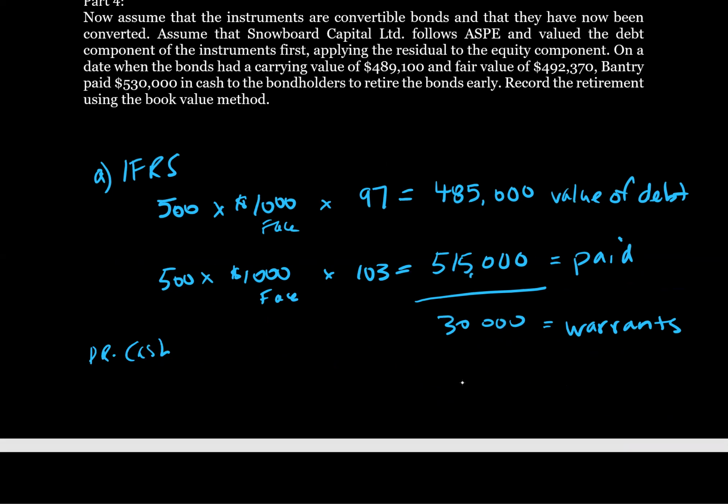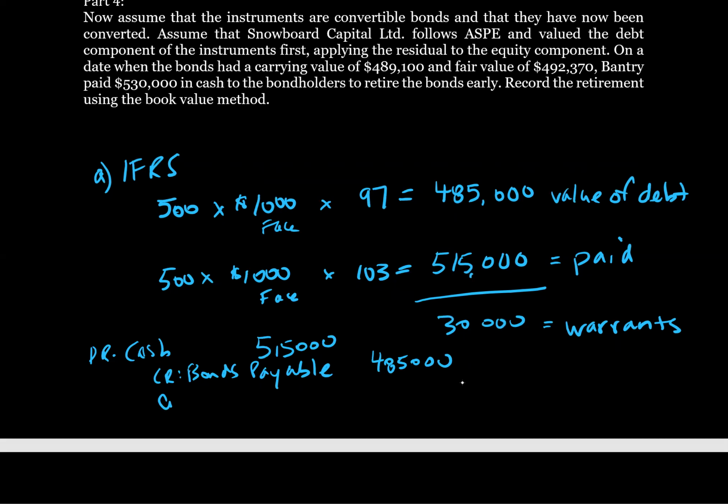So the journal entry to record this is going to be debit cash, because we're actually selling this combined item. So we're going to raise 515,000. Then we're going to have credit bonds payable, because we owe this back to the bondholders or the investors, at 485,000.